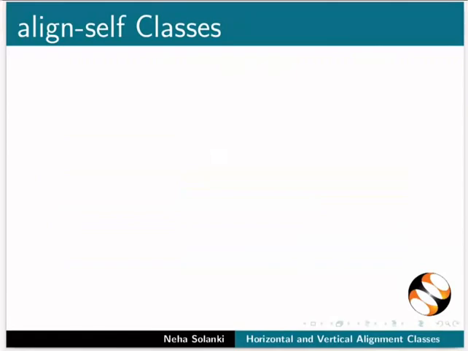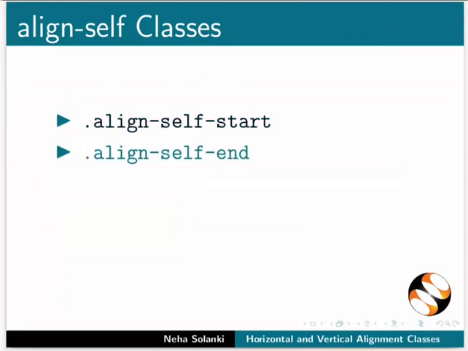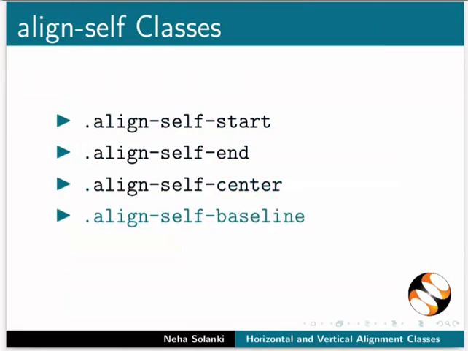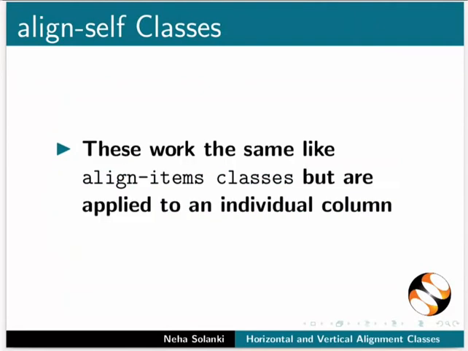These are different types of align self classes. .align-self-start, .align-self-end, .align-self-center, .align-self-baseline, .align-self-stretch. These work the same like align items classes but are applied to an individual column. Now let's understand these classes with example.